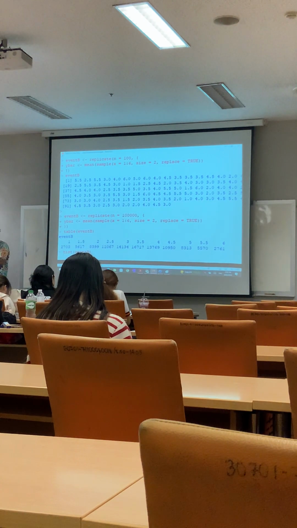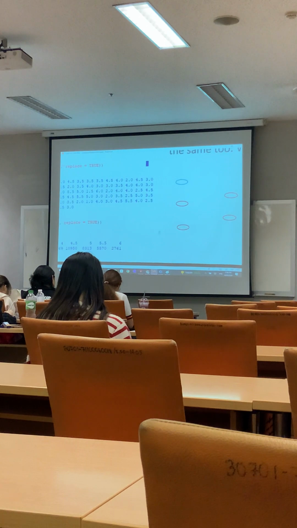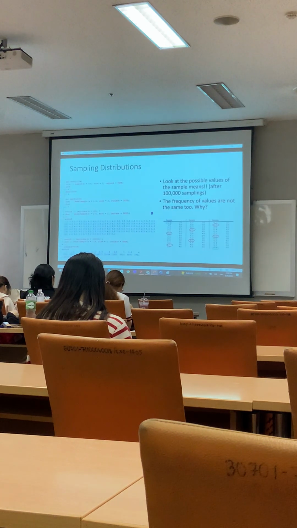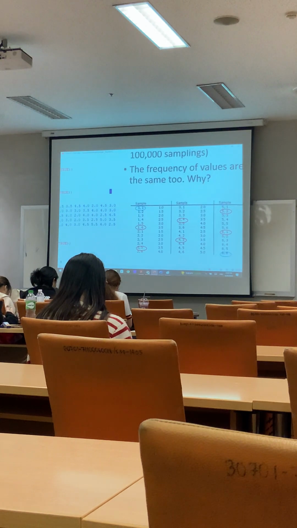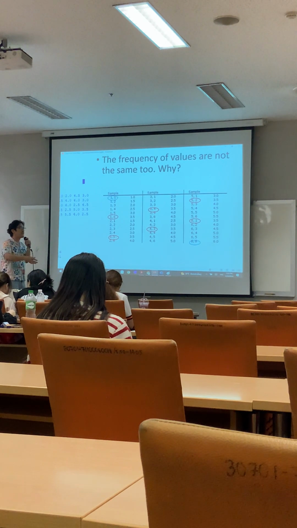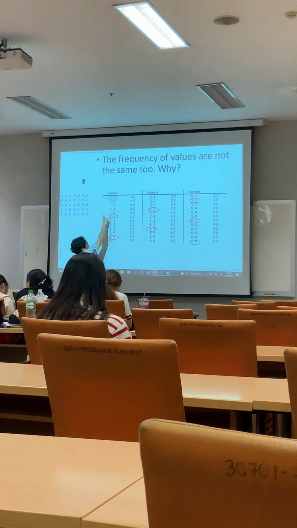Why is that? It's because of this. Look at this. It's easier to show you when you throw the dice only 2 times. When you throw a dice 2 times, there are 36 possible outcomes. You can see this: 1, 1; 1, 2; 1, 3.